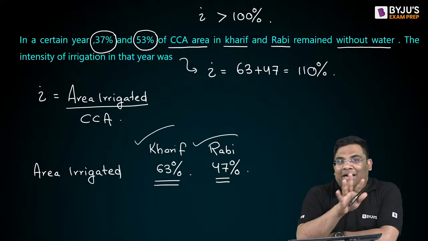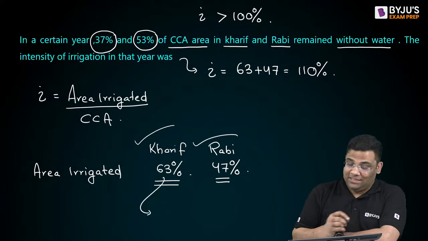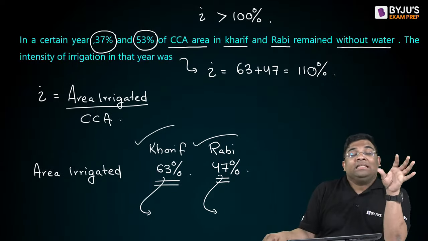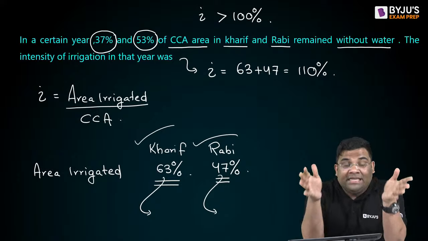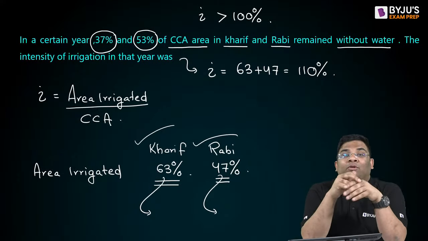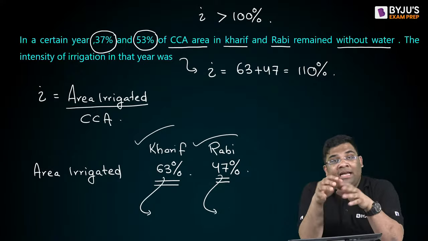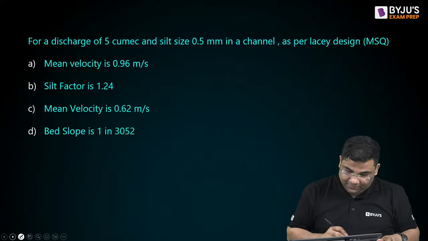Suppose for Kharif it is 63% and for Rabi it is 47%. For a particular season, the intensity of irrigation has to be less than 100%. But for the entire year it can be more than 100. If they ask you for the entire year, you find out for Kharif, find out for Rabi, and then add them up. Okay, very good. Let us see the next question.